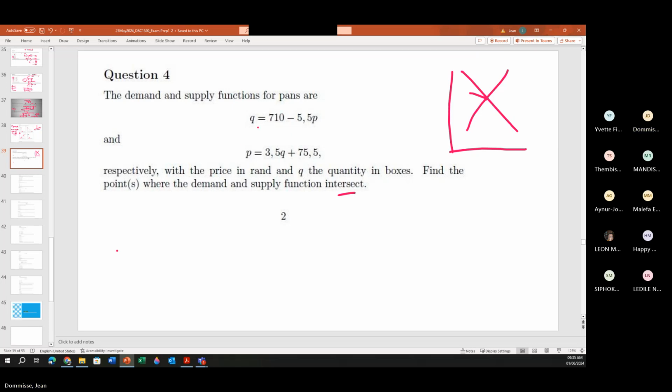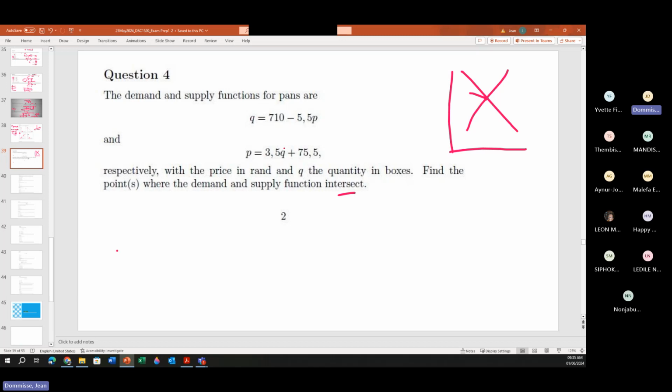Okay, so what we can do with this one is to say, do we change the Q's? Do we change the P's? So that's one way we can do it. Can it be that we put P in there? So let's first try it this way.